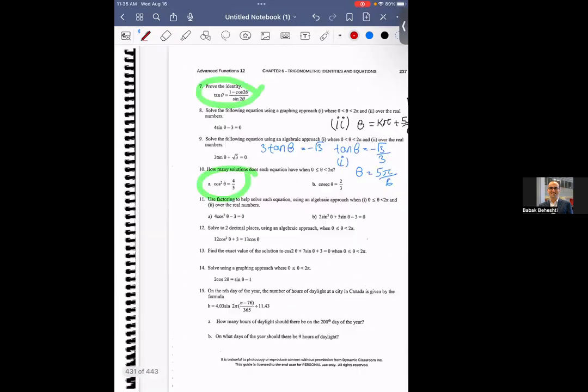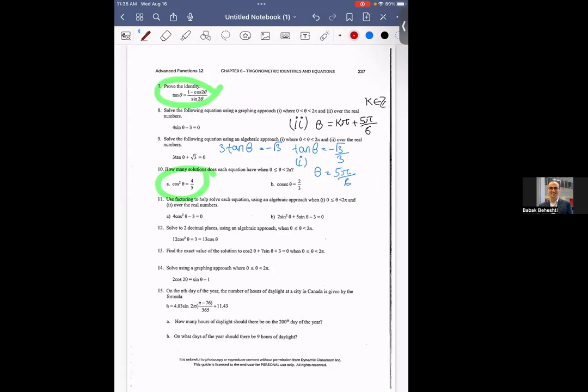Okay, next page. You can open the door, invite him. Maybe he wants to learn advanced functions. Go to university. Okay. Any question on this page?